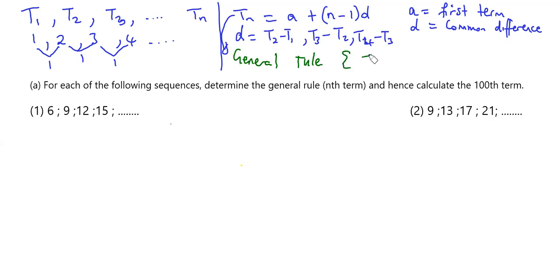You're going to be using Tn equals a plus n minus 1 d. So it's a matter of substituting the values that you're given.